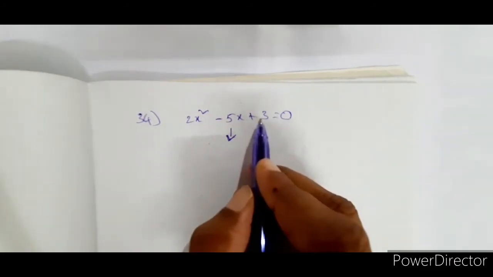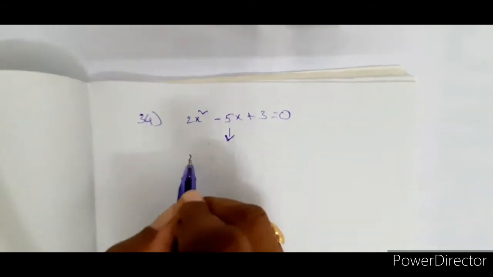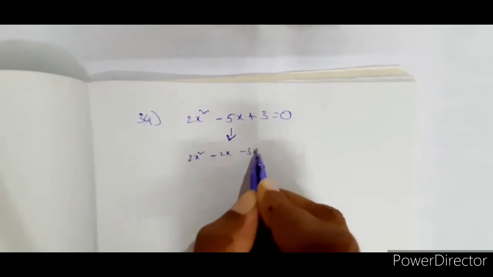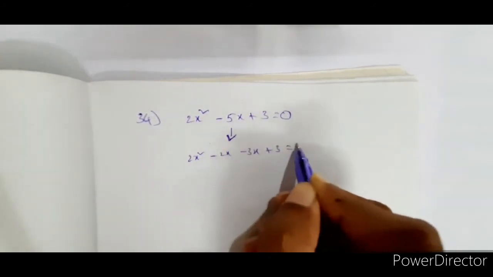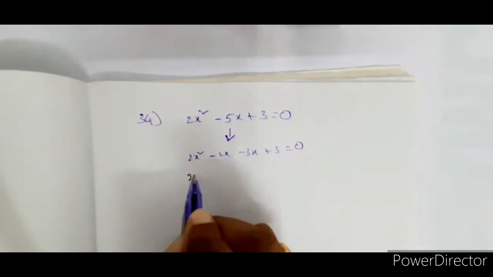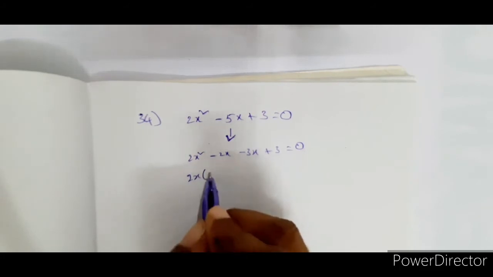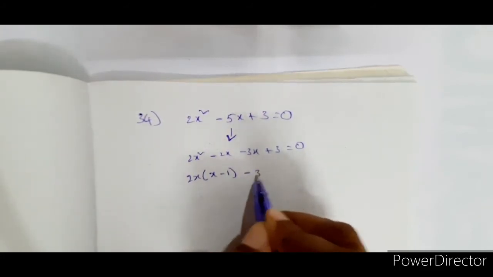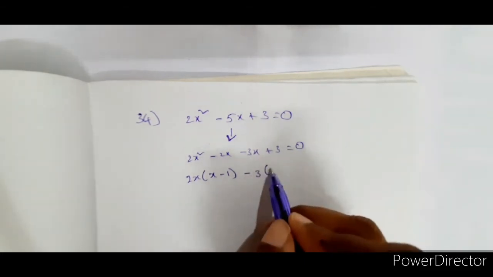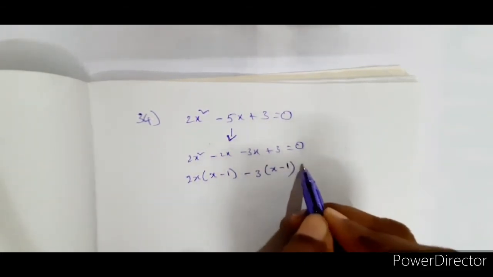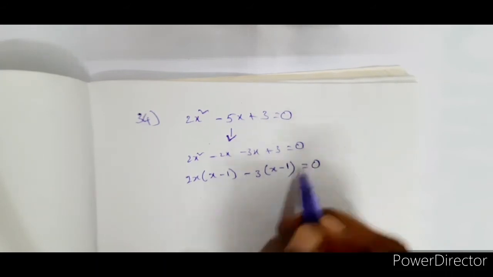So therefore I can write it as 2x square minus 2x minus 3x plus 3 is equal to 0. Right, so now taking 2x common here, it is x minus 1, right, minus 3 common here, so minus 3 means x minus 1, right, this is equal to 0.